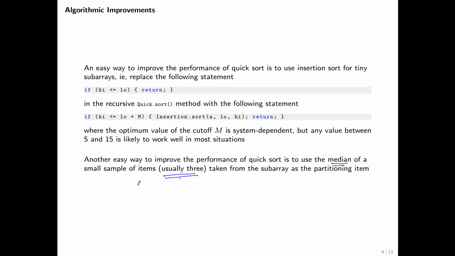Okay, so just randomly pick 3 elements from the array and pick their median as the pivot, instead of picking the first element all the time as the pivot. So when we do it this way, by picking the median of a small sample of items, we do better. All right. So those are a couple of improvements.